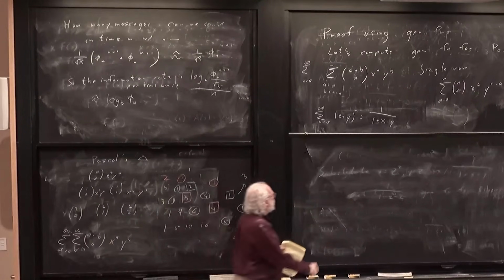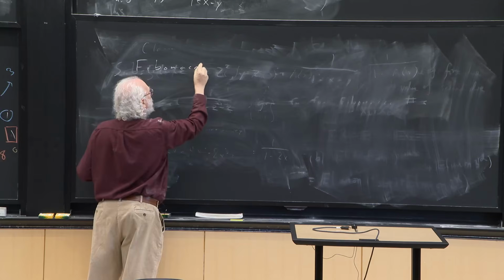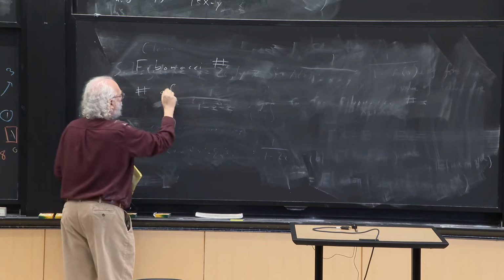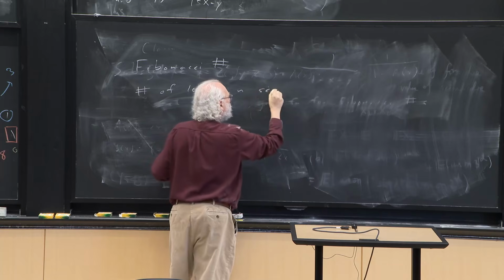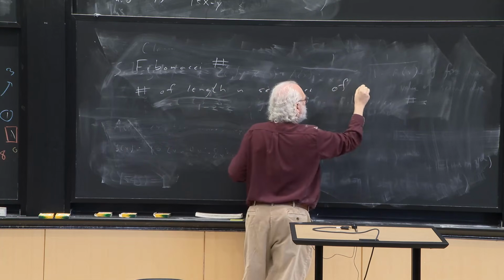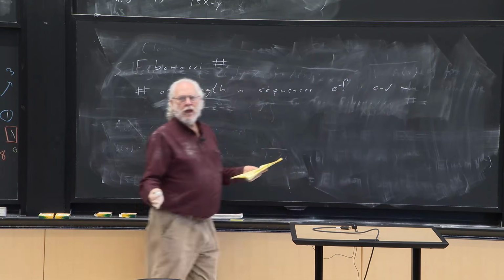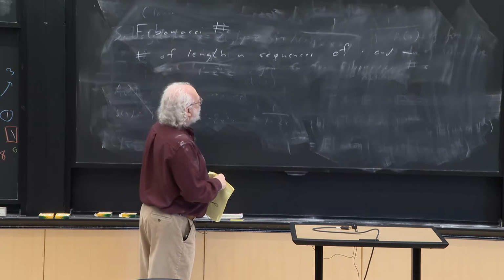So, Fibonacci numbers: the number of sequences of dots and dashes of length n, where the dashes are length 2 and the dots are length 1. Okay.